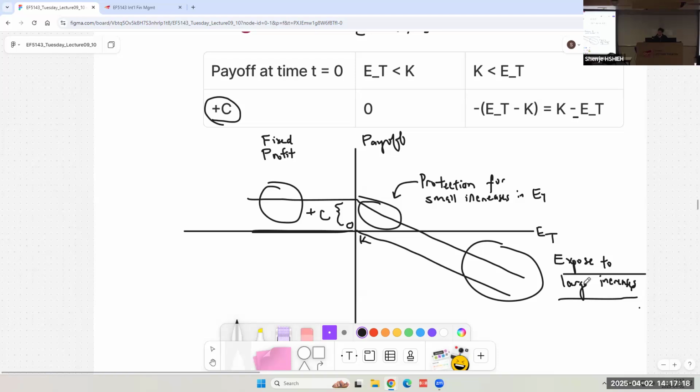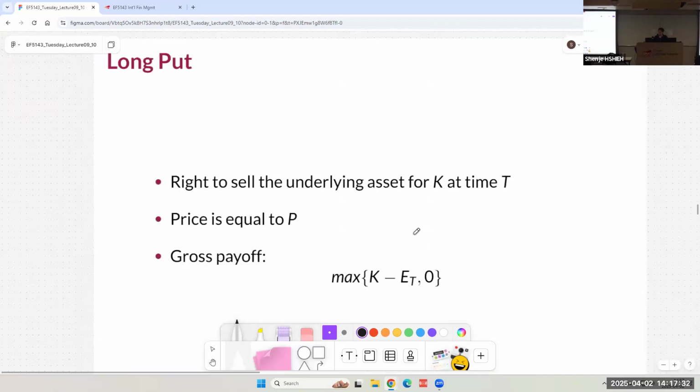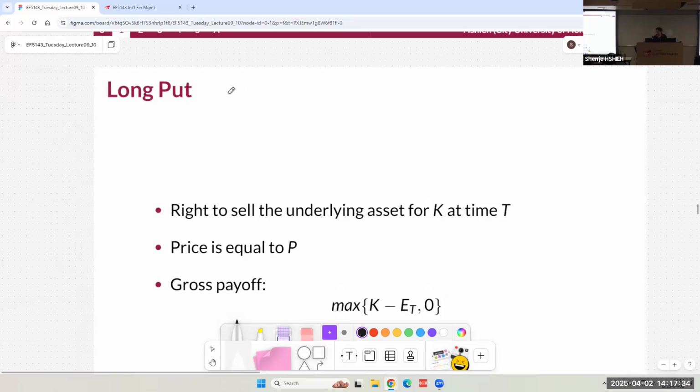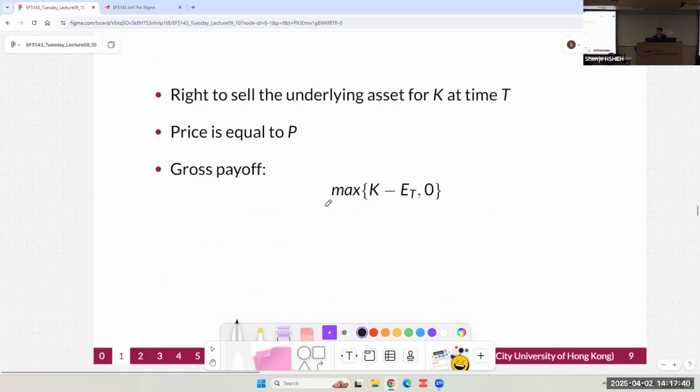All right, last thing I'm going to do is go over the puts, and then we will pause there, because that's where I stopped yesterday. So let's do the puts now. Long puts means that you have to pay P up front, but your payout function looks like this.